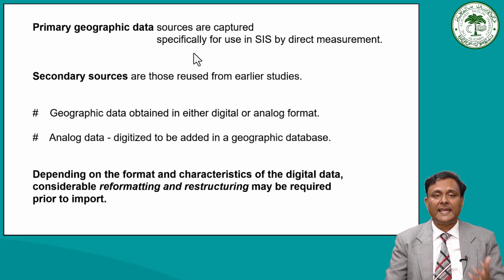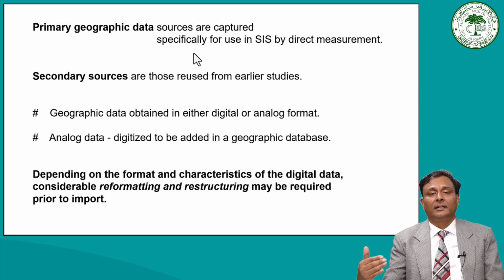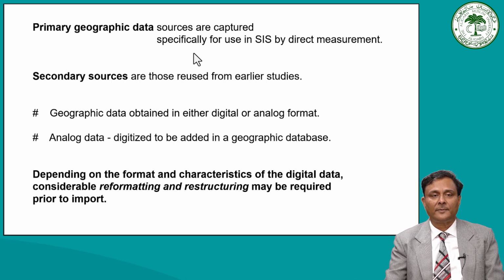So using the same method, we can incorporate the primary information into our spatial information system, and they are known as the primary geographic data. The secondary sources are those which already exist and need to be reused for our study. So all kinds of digital and analog format of spatial information can be a good example of it. I can say the satellite images would be a good example of secondary sources, or any analog maps would be good secondary sources.